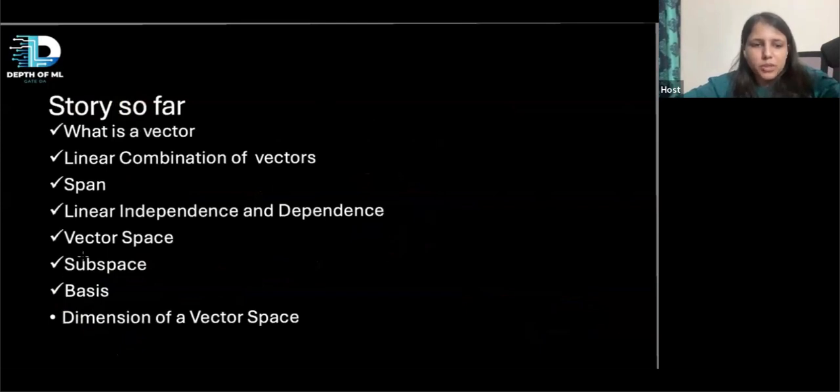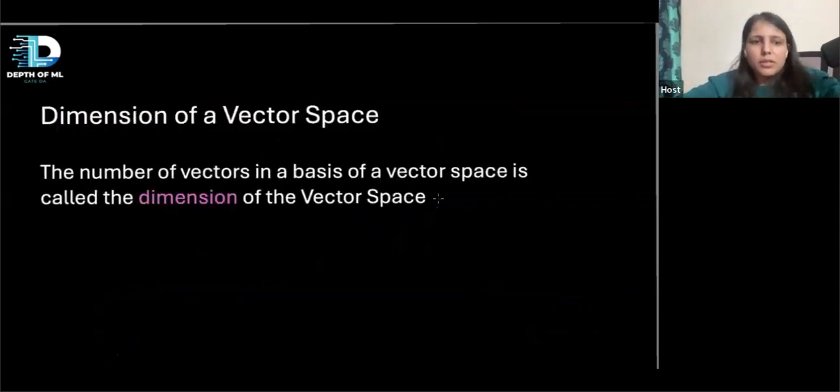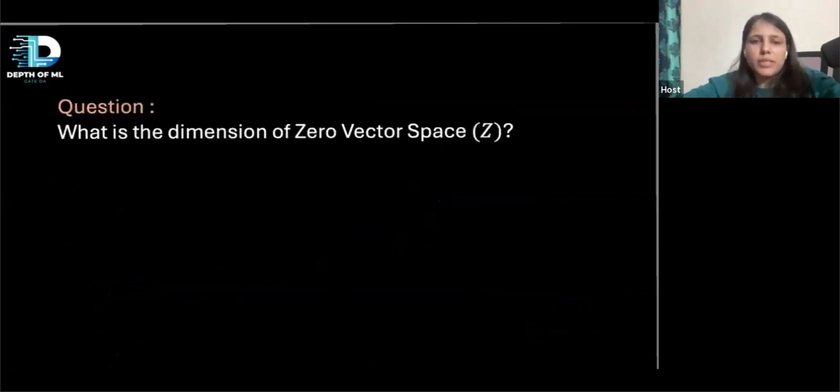Fine. So I have covered the basis as well for today. Now, the only part left that we covered was the dimension of the vector space. The number of vectors in the basis of the vector space is called the dimension of the vector space. Correct? So now tell me, what is the dimension of the zero vector space?